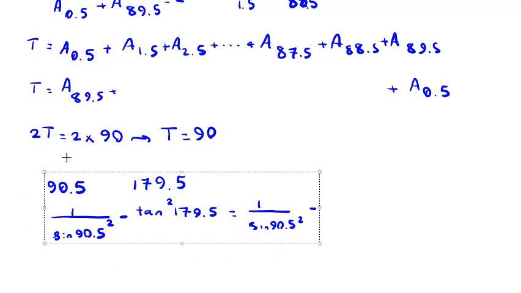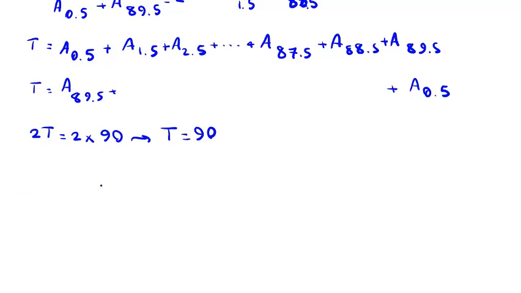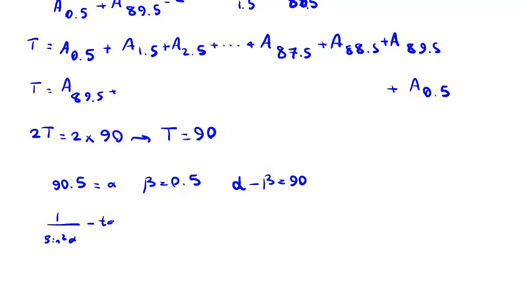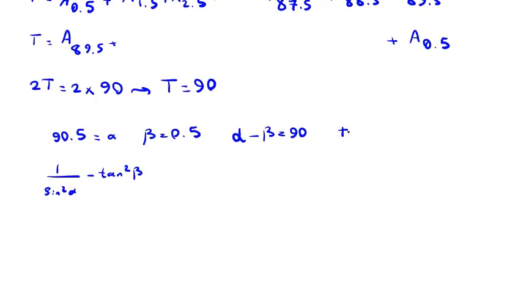want to consider 90.5 with 0.5. So suppose 90.5 is alpha and beta is 0.5. Then 1 over, for example, sine squared alpha. The relationship is that alpha minus beta is 90. So this minus tangent squared beta. If you consider this, then we have tangent beta.